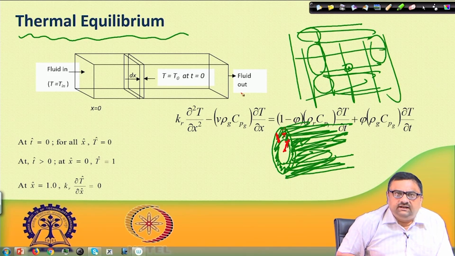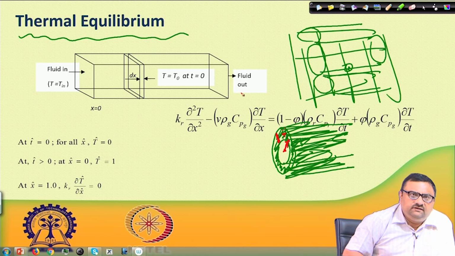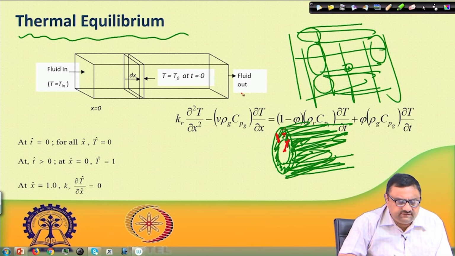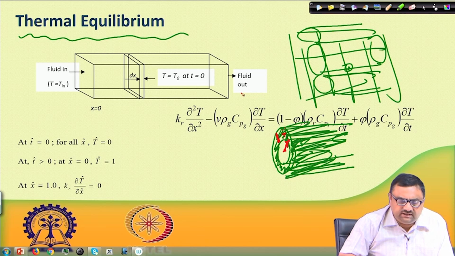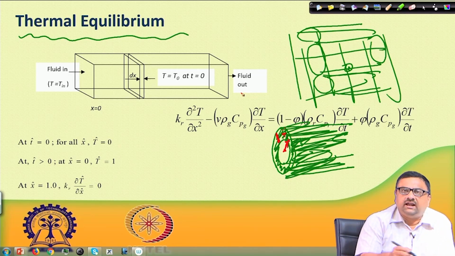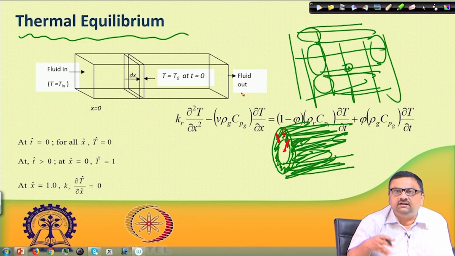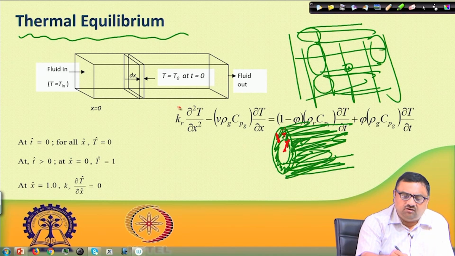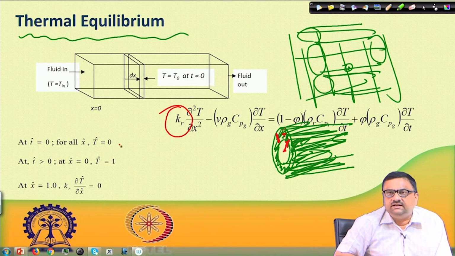This is one thing, and the second thing is the boundary conditions. Probably I have to continue this in the next lecture, where I will talk about the boundary conditions and the profile that you get as the solution to this equation. There are a couple of other things as well. If you look at what should be the thermal conductivity of the solid phase, it is not the intact solid either. It is basically a porous solid.